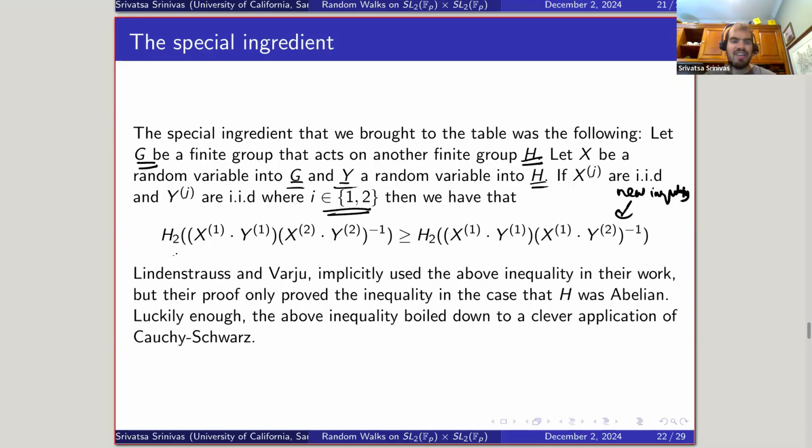It basically says that the entropy of x1, y1 times x2, y2 inverse is greater than or equal to the entropy of x1, y1 times x1, y2 inverse. So, here's the key difference. The key difference is that we can replace this 2 over here with this 1 over here.